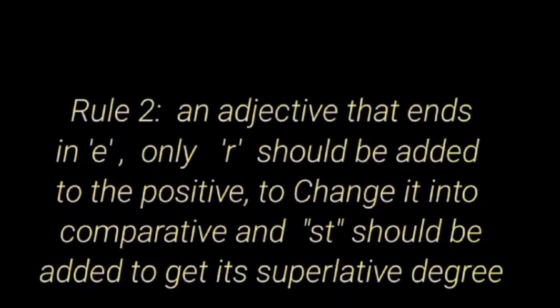Second rule: for an adjective that ends in e, only r should be added to the positive degree in order to get its comparative form, and only st should be added to the positive degree in order to get the superlative degree.